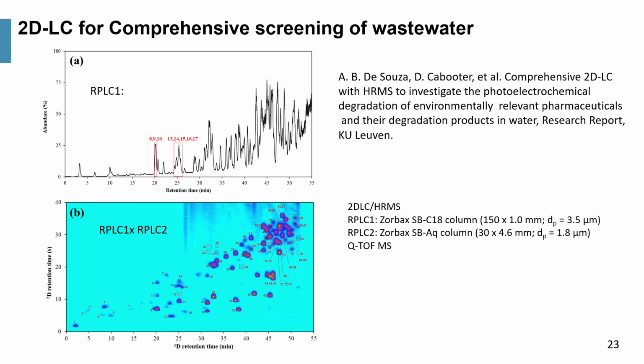The whole idea behind it is that some of the environmental samples are very complex, right? If you have a screening program for all types of wastewater pollutants, one-dimensional might not be sufficient. If you couple two dimensions together, such as reverse phase with an orthogonal dimension, one can actually get much better quantification.